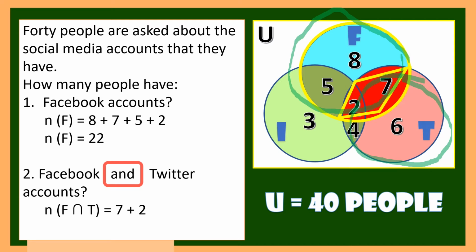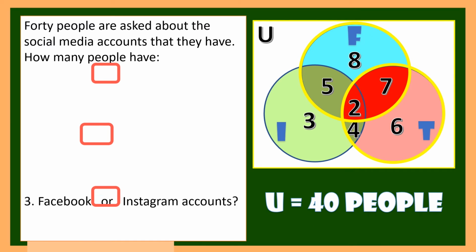So, we're going to add 7 and 2. And always remember, class, this is our symbol for intersection, an upside-down letter U. So, simply, the intersection of Facebook and Twitter is 9. Or 9 participants have Facebook and, at the same time, Twitter accounts.